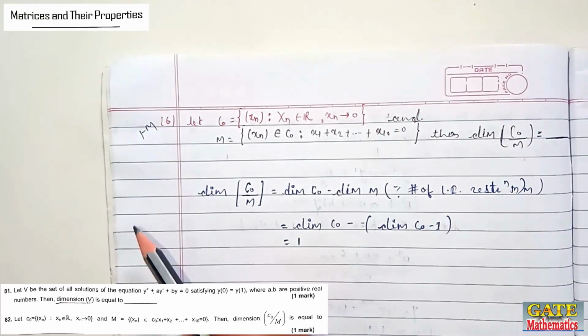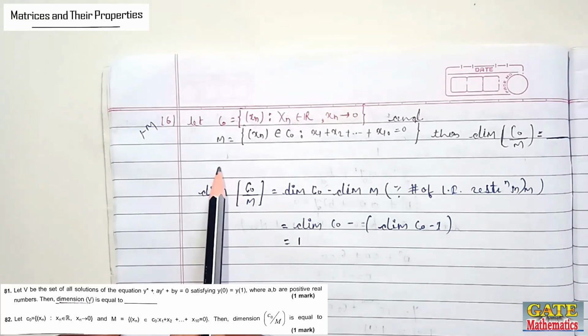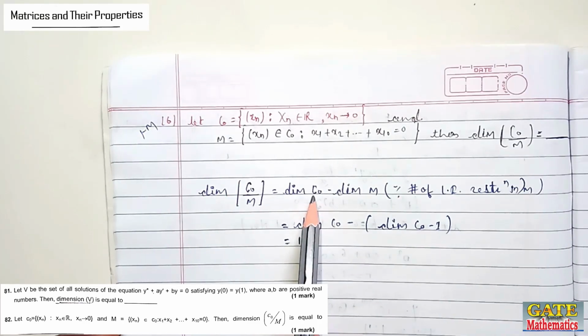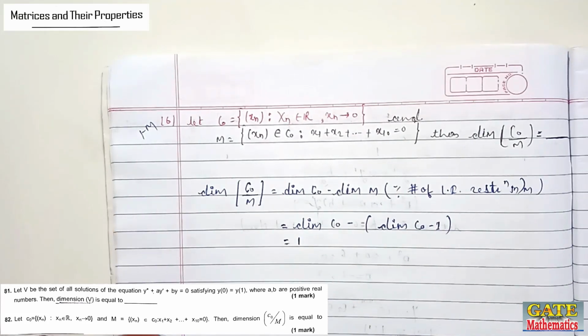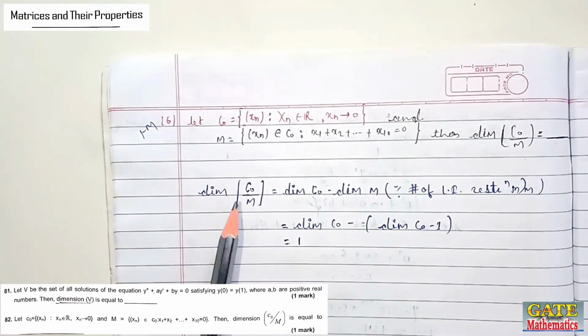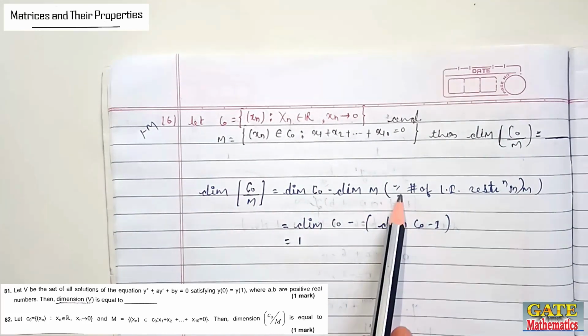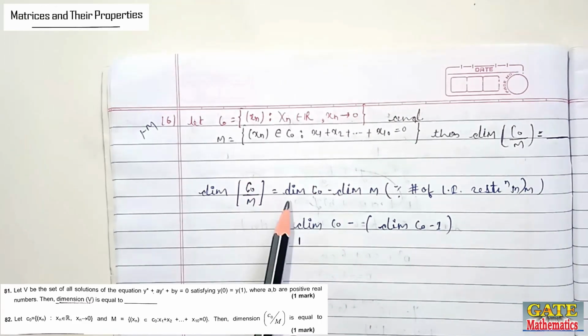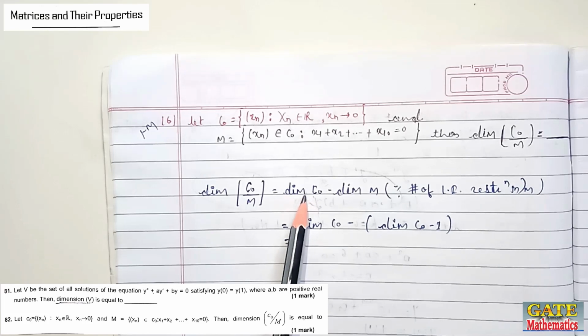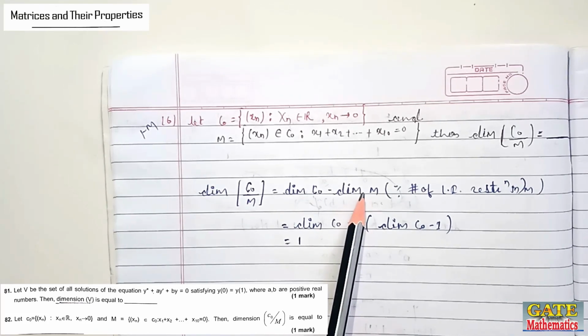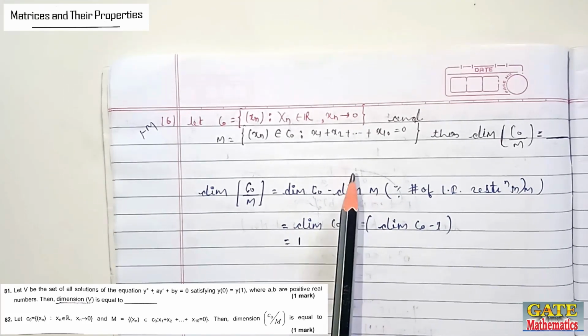For finding the dimension of any quotient space a upon b, we write the dimension of a minus the dimension of b, which is the number of linearly independent restrictions. This is the standard result we have to apply here to get the dimension of c0 upon M. So the dimension of c0 stays as it is, and then the dimension of M. How do we find the dimension of M?